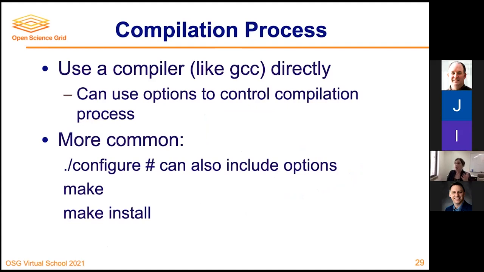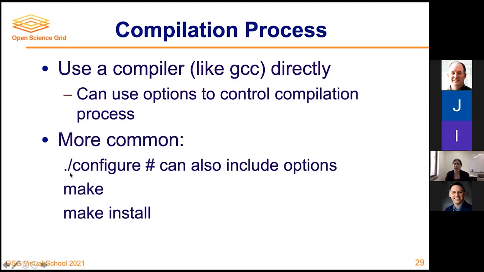So if you are compiling your code, you might be using a compiling tool like GCC directly. More frequently, software programs will have this 3-step process where you run a configuration script, a make step, which runs a lot of different compilation commands in the right order, and then some kind of installation command, which takes the compiled code and puts it in a final location.